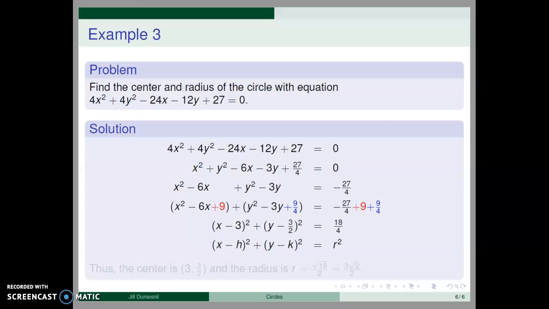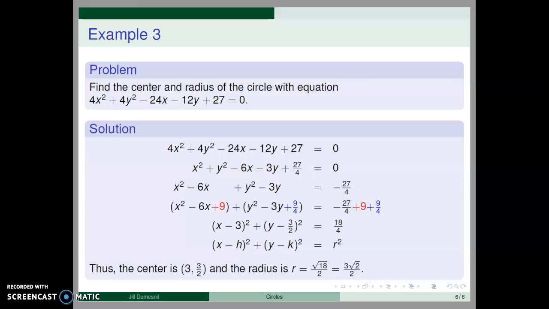Again, we compare our equation to the formula for a circle to identify the center and the radius. Then the center is the point (3, 3/2), and the radius is the square root of 18/4.